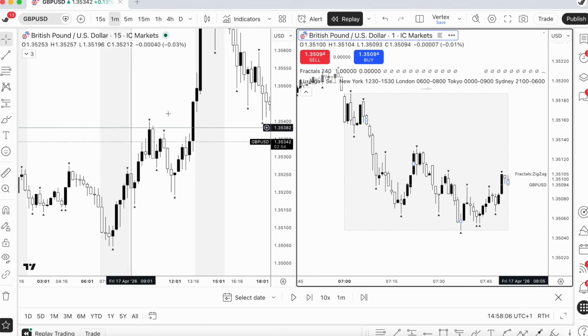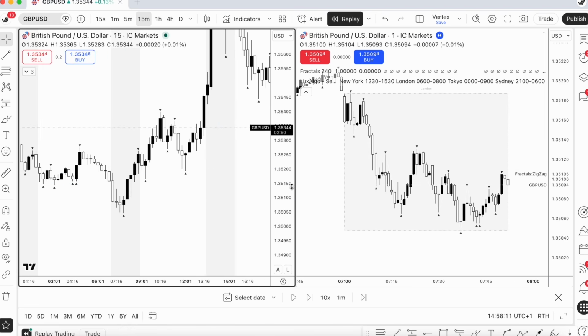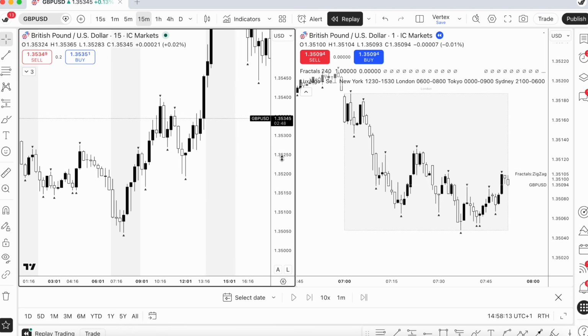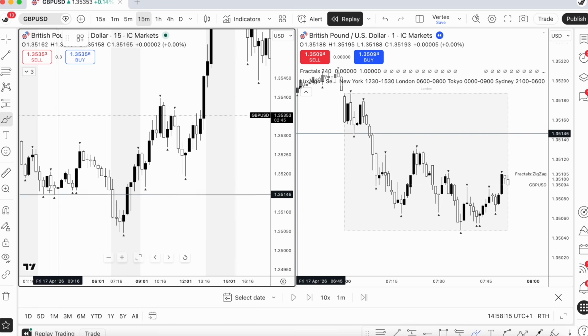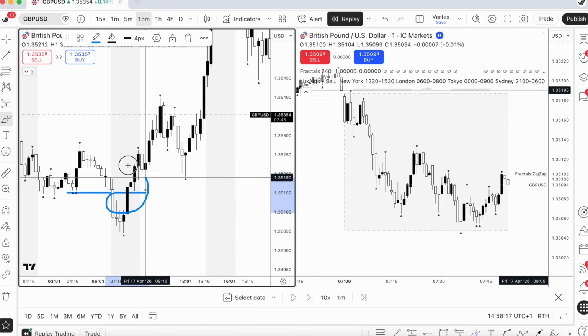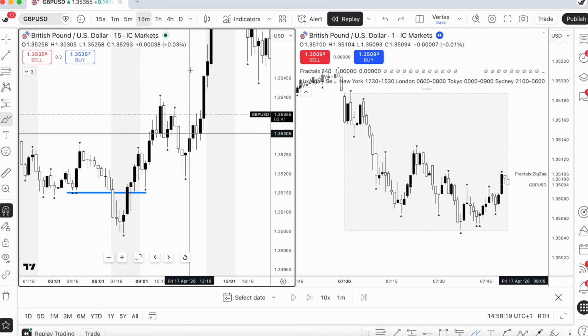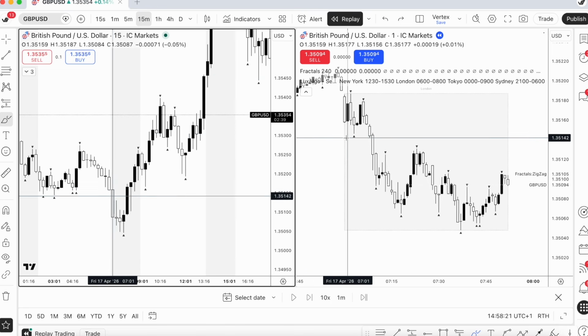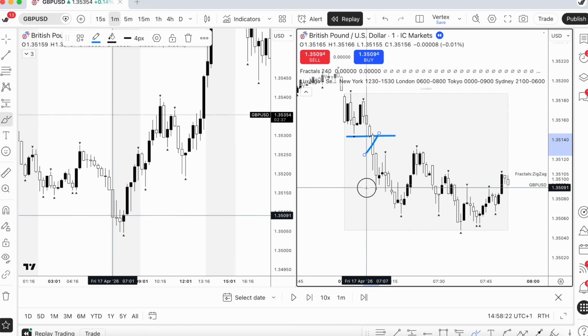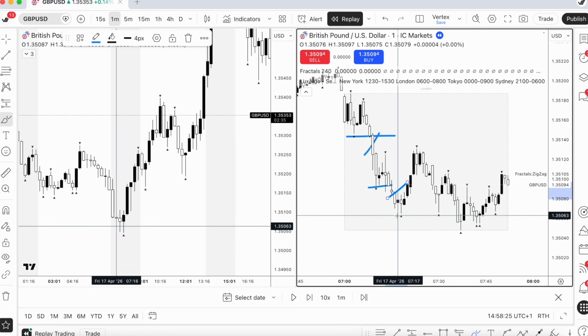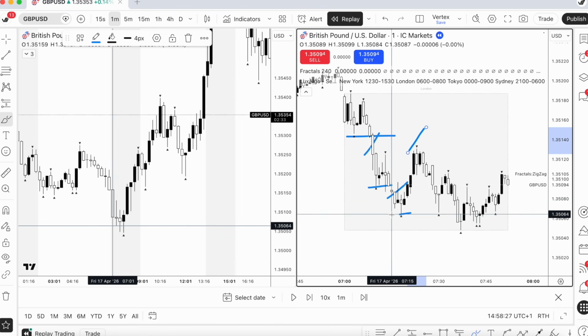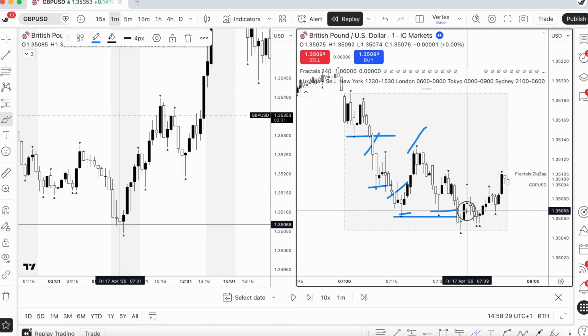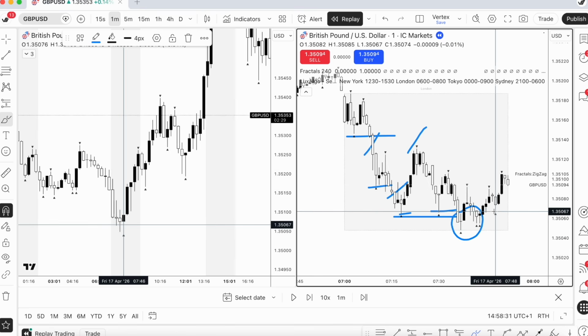So coming into the session, what we have is a sweep here, which means that we're obviously looking to go long. Very simple. So coming into session, we have a sweep, invalidation, we have a sweep, invalidation. In this case, we have two sweeps of this range, which is where price gets entered.